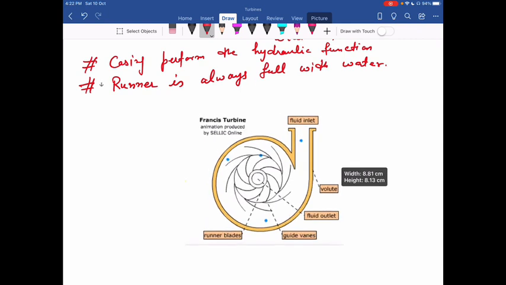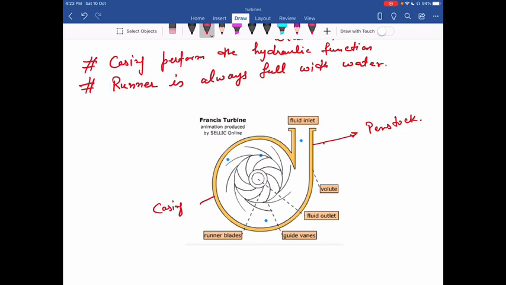This is one of the basic diagrams for the Francis turbine. Now here in this diagram you can see this part of the casing is connected to the penstock. So this is my casing.